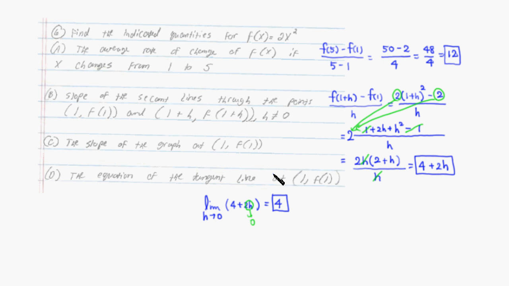Part D: equation of the tangent line at 1 comma f of 1. To find this equation, you need two pieces of information.